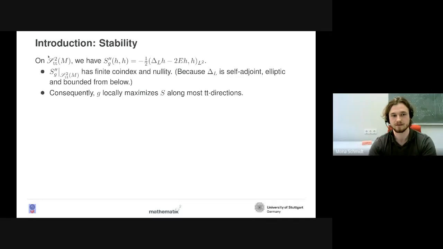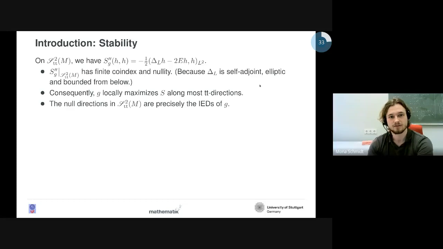Keep in mind that this space is infinite dimensional. So along most TT directions, g is maximized; g is a local maximum of S, but not necessarily along all. The null directions are precisely the ones where this vanishes, which means that h is an eigentensor of the Lichnerowicz Laplacian to the eigenvalue 2e. This is precisely an infinitesimal Einstein deformation of g.